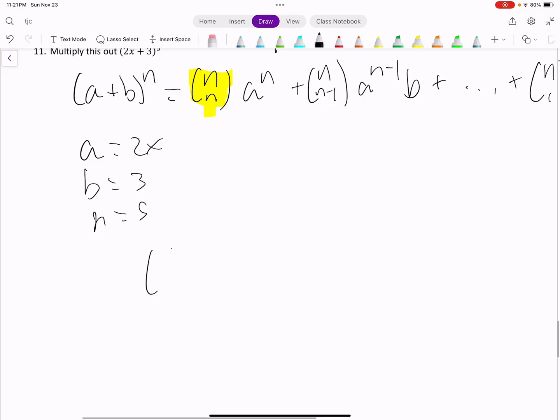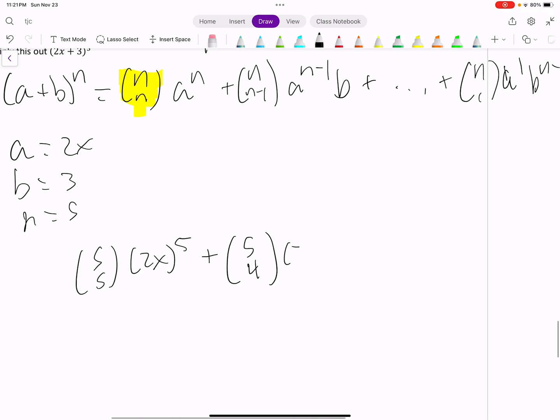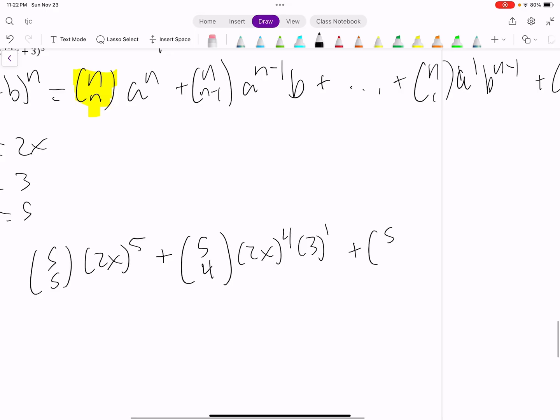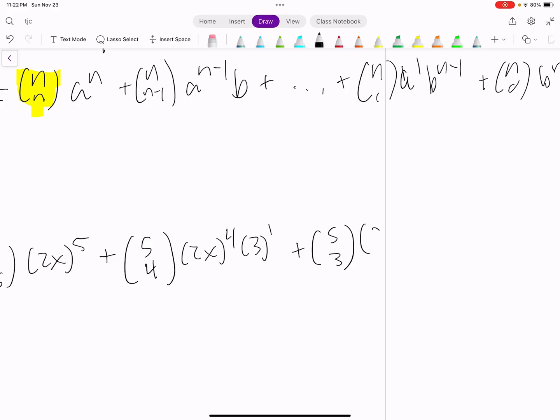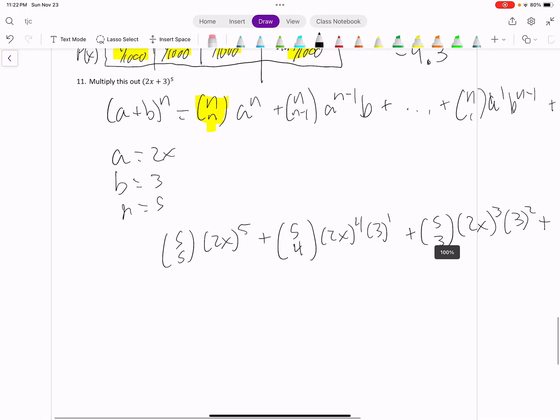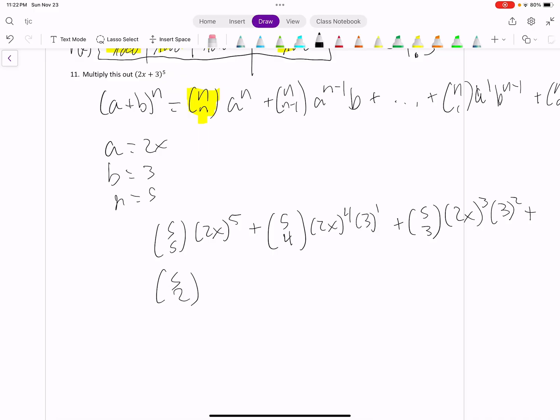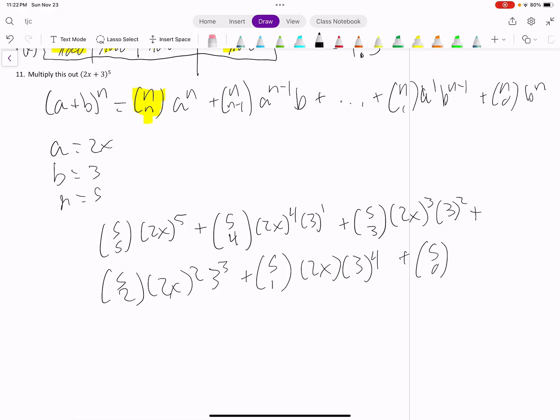It's 5C5 (2x) to the 5th, plus 5C4 (2x) to the 4th times 3 to the 1st, plus 5C3 (2x) to the 3rd times 3 to the 2nd, plus 5C2 (2x) to the 2nd times 3 to the 3rd, plus 5C1 (2x) times 3 to the 4th, plus 5C0 times 3 to the 5th.